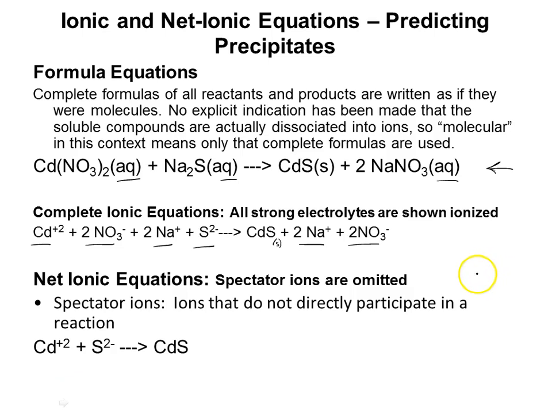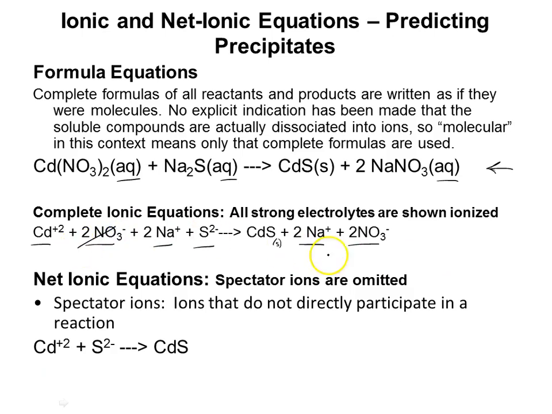Your next step to write the net-ionic equation is to eliminate your spectator ions. Spectator ions are in the beaker, they're there, but they are not part of the overall reaction. They're just hanging out, chilling in the beaker. We don't want to consider those when we write a net-ionic equation, so you eliminate those spectator ions.